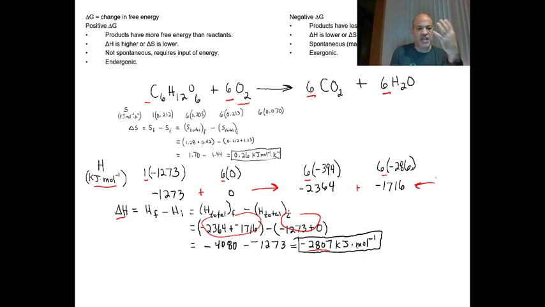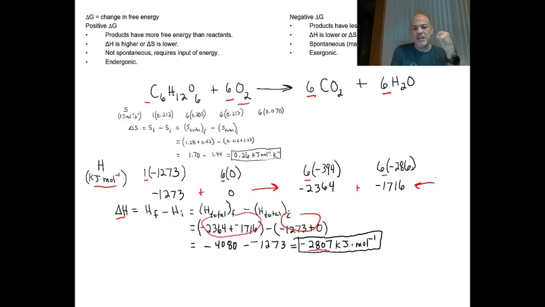And that's the change in the enthalpy. So when I'm done here, the fact that it's negative means that my products have less energy in their bonds than we originally started with. If I ended up with a positive value, the bonds would have had greater energy.